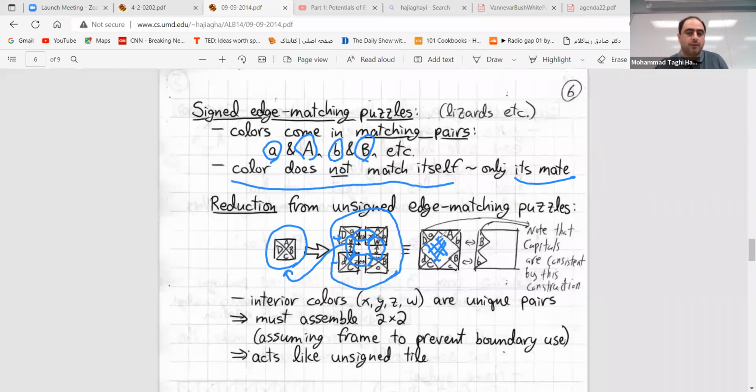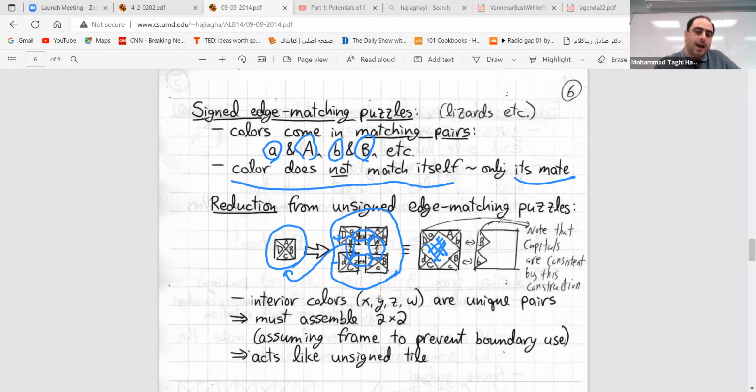But what do we have now on the outside? We have D, capital D, non-capital D, non-capital A, capital A, and so on and so forth. So now you will see we have both colors here. We want to make sure that we can solve this problem. We want to give a reduction from unsigned edge matching, which means that we should be able to solve unsigned edge matching.